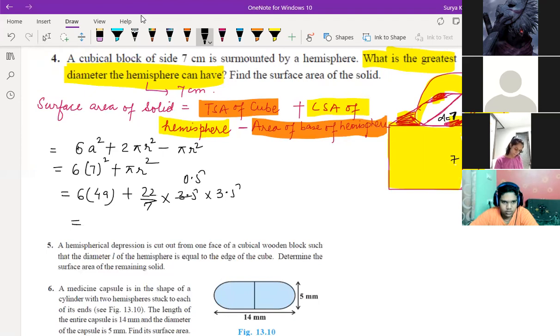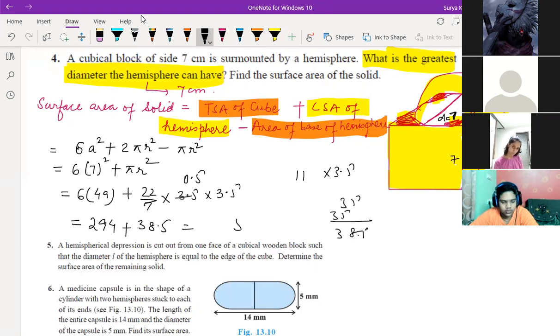You can solve, children, here. 6 into 49 is 294. 300 minus 6, 294, plus 22 into 0.5 is 11, and 11 into 3.5 is 38.5.